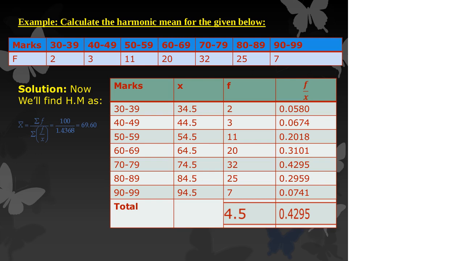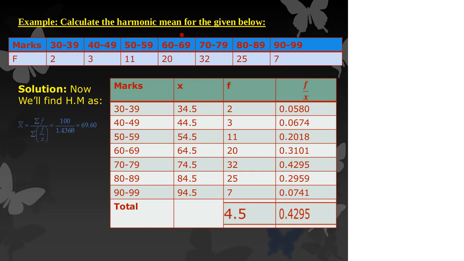If you have that column already, so what you do, for the first class, we found the midpoint to be 34.5, and the frequency is 2. So midpoint times frequency.